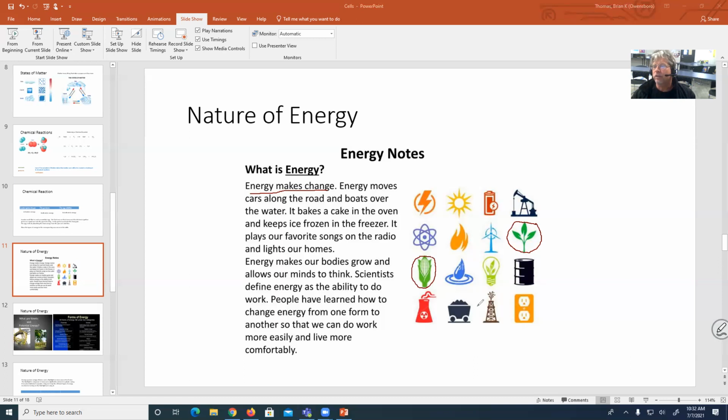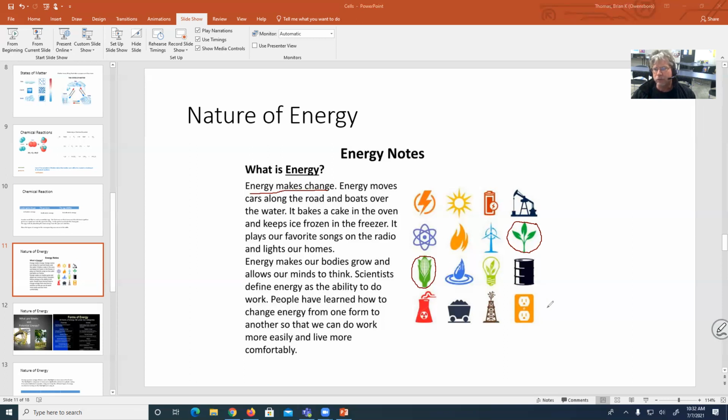A lot of times when I see this, that looks like an image of coal. In Kentucky, coal is a fuel we still burn to run a lot of our power plants, so it allows us to create energy using coal. Again, this looks like another form of an oil well. And a socket, again, reminds me of electrical energy. So these are your different types of energies.